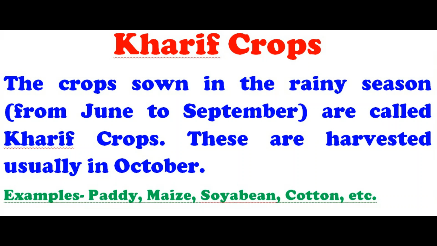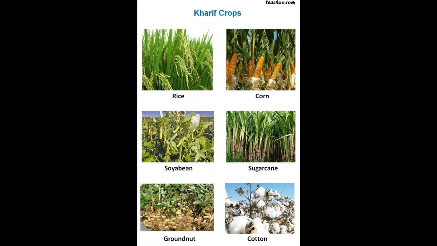Kharif crops: the crops sown in the rainy season from June to September are called Kharif crops. Such crops are usually harvested in the month of October. Some examples are paddy, maize, soybean, cotton, etc.